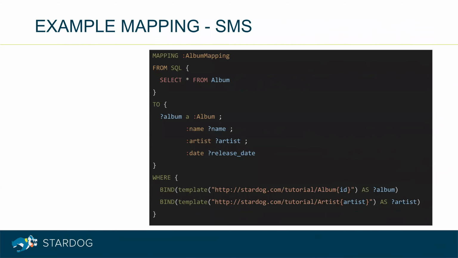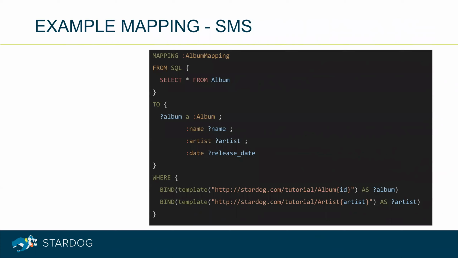If you need to generate R2RML mappings, you can do it automatically by first writing SMS mappings and asking Stardog to export them in the R2RML syntax. But one advantage of SMS that I'll briefly discuss at the end is that you can use it to map non-relational data sources as well, which is not supported by the R2RML specification.